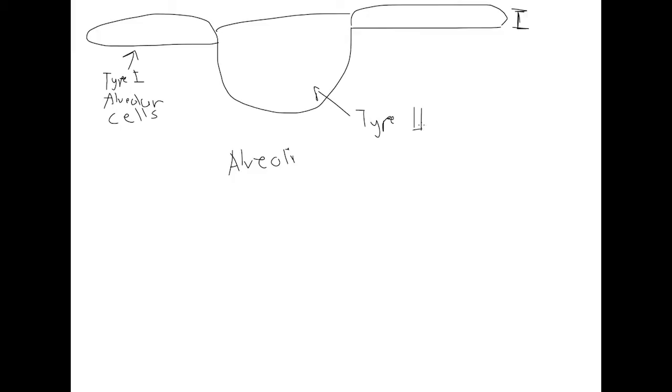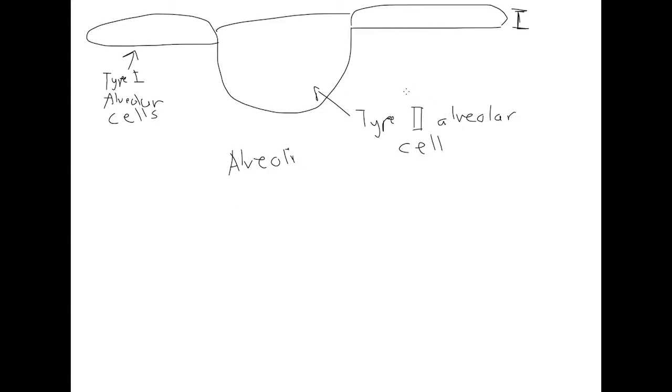Type 2 alveolar cell. Okay. So the difference is that type 1 and type 2 alveolar cells basically form a very thin wall for the alveoli.